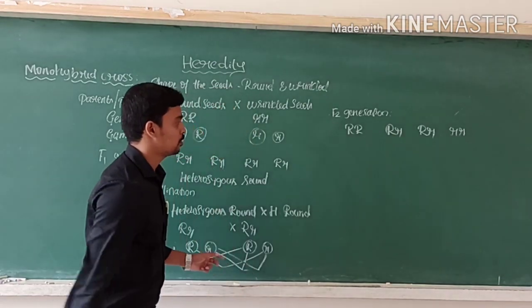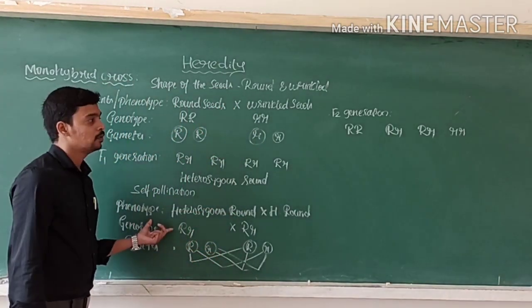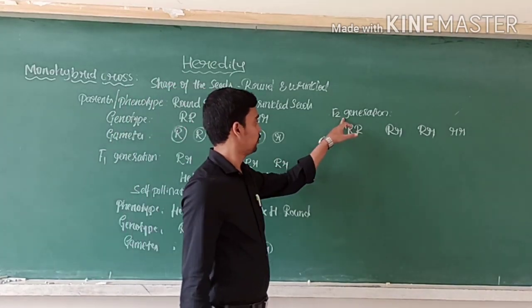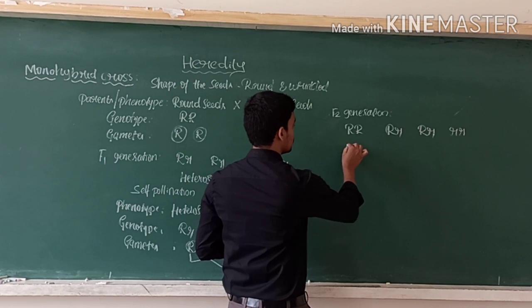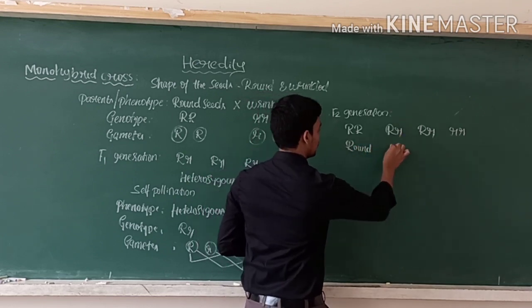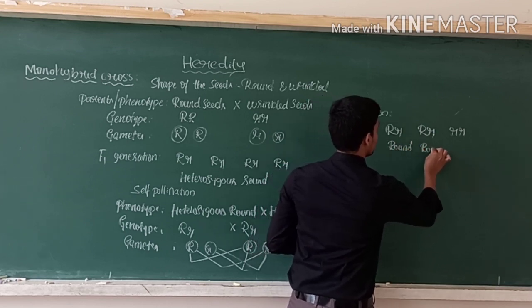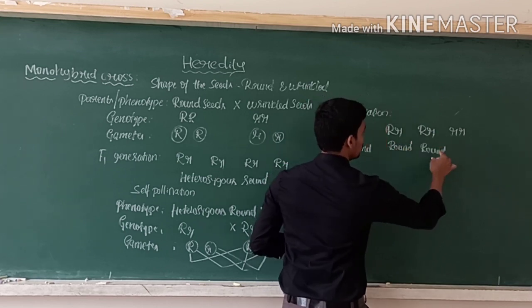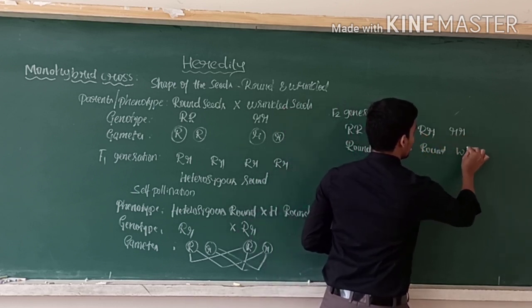These are the progenies which occur during the cross made between the F1 generation. The F2 generation, we get progenies like this. It is homozygous round. It is also round, because a dominant character is there, and here both are recessive characters, so it is wrinkled.